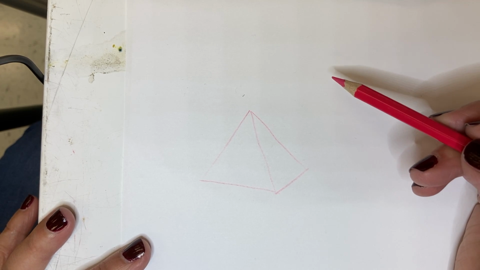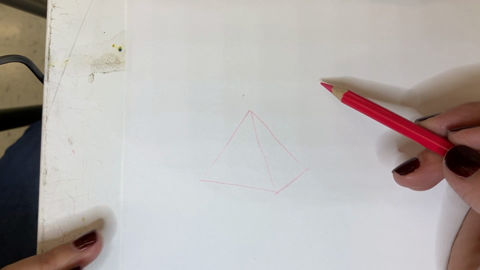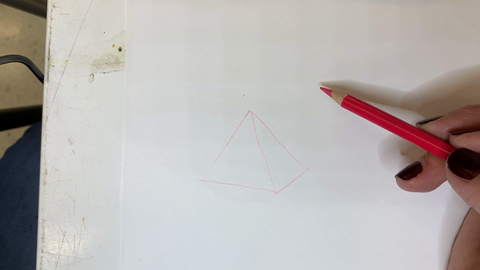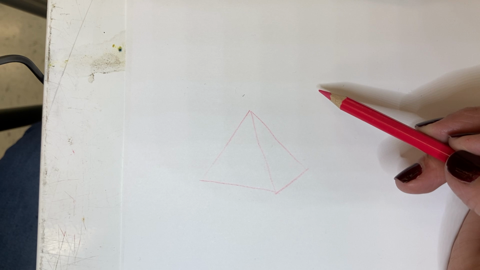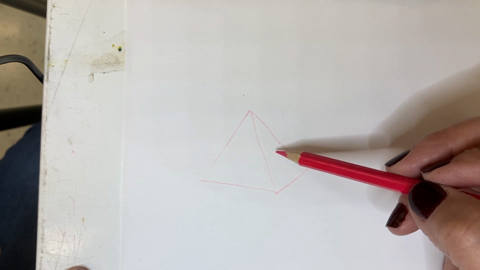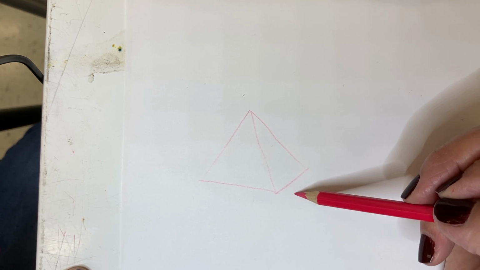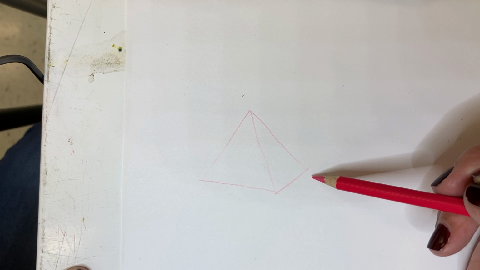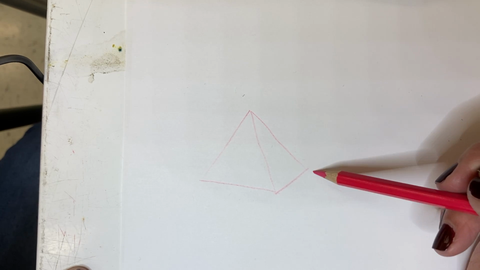Number two, I've trained you that there's lighting, and lighting hits an object in a certain way. When the light hits the object, there's a light area, a medium area, a dark area, and then an even super dark area wherever the shadow lies.